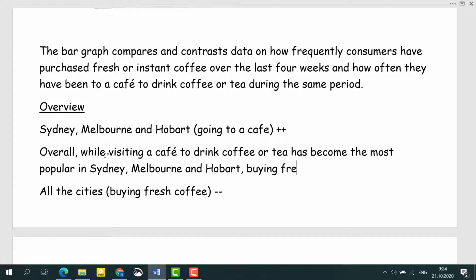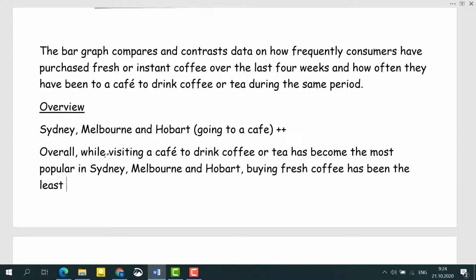Buying fresh coffee has been the least popular activity across all the cities shown.